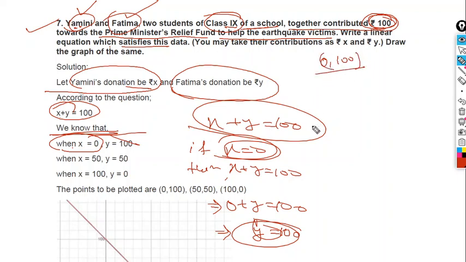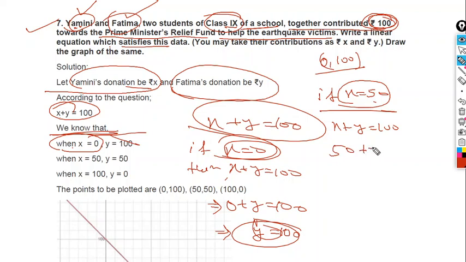Again, suppose x equals 50, find the value of y. x + y = 100. Put x as 50: 50 + y = 100, which implies y = 100 minus 50, so y equals 50.